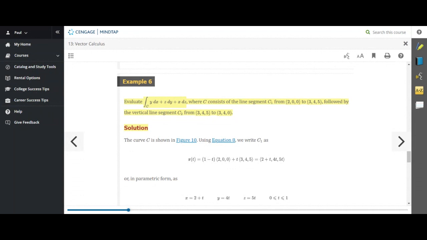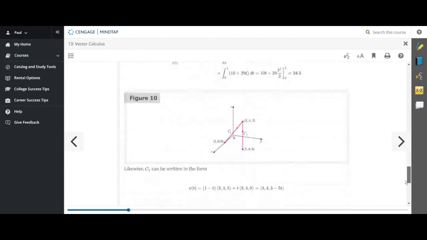If you look at the space curve that consists of these 2 line segments, here in figure 10, what you do is compute the sum of the line integrals for C1, and then the sum of the line integrals for C2, and then add up the two. Example 6 is a nice example to look at, and I think you're going to be fine with that.